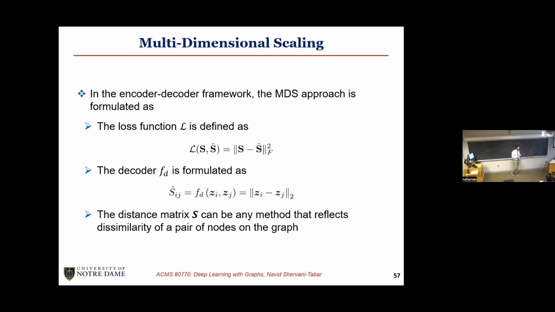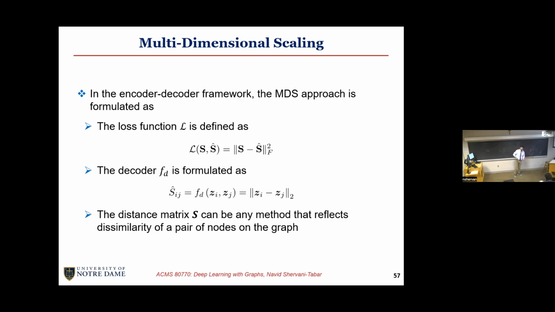Again, in terms of our encoder-decoder framework, we have some encoder, which, as we talked about, is just shallow embeddings. So we need to define our decoder, similarity, and our loss function. As far as the similarity goes, we are trying to find some measure of dissimilarity, for example the shortest path between them.